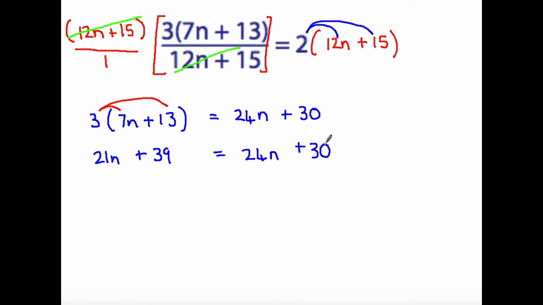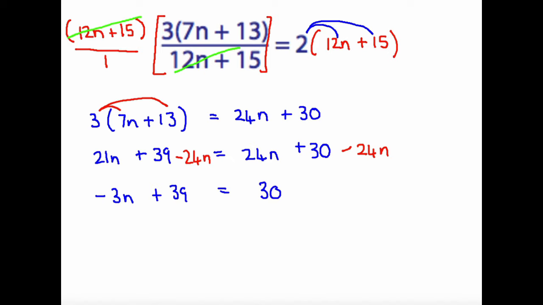Okay. So now we are in the same situation as we were in the previous examples. So what we're going to do is remove the 24n. You could remove the 21n. It doesn't matter as long as you stick to your principles. So I'm going to subtract 24n, and on this side I'm also going to subtract 24n, and I would get minus 21n minus 24n is minus 3n plus 39, and on the right-hand side I've got 30 because 24n minus 24n is 0.